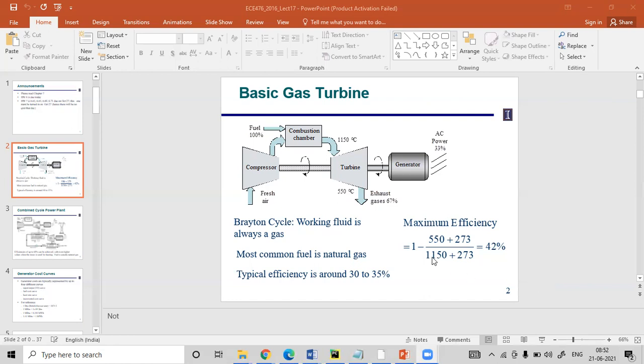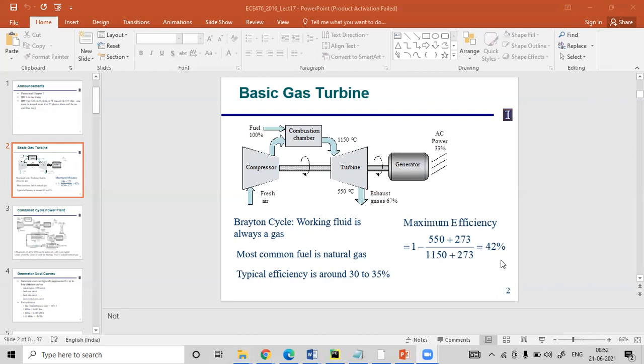The formula for the efficiency in terms of temperature is 1 minus (output temperature plus 270) upon (input temperature plus 270).